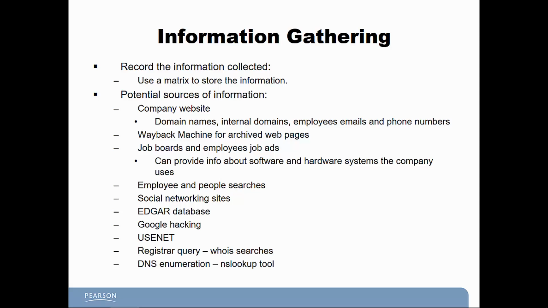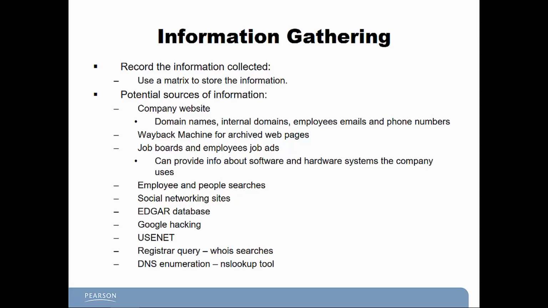That could also include things like previous web pages from an organization. It could also be current and past job ads or employee lists. All of this is used to provide information about systems or staff that a company may use. Ideally, we're looking for software and hardware, but sometimes that requires more in-person skills.